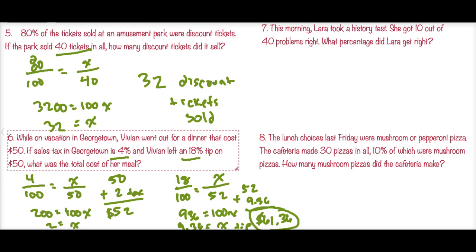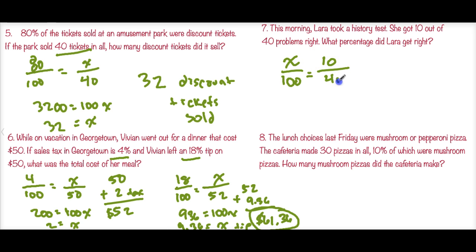All right. Next problem. This morning, Laura took a history test. She got 10 out of 40 problems correct. What percentage did Laura get right? So I don't know the percent this time, so my X is over the percent. I know it's over 100 though. And she had 10 correct out of 40.